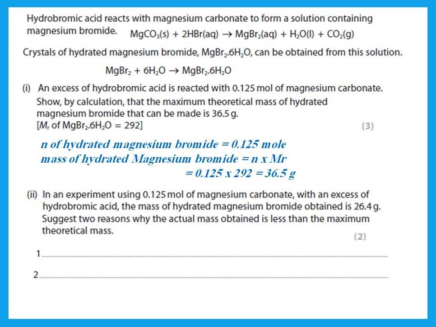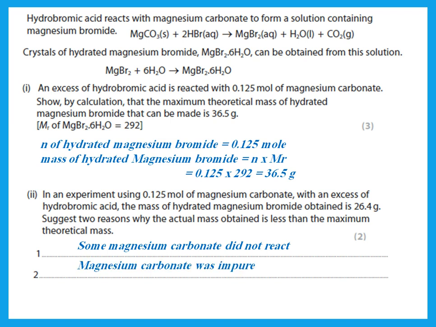Now, why do you think we get less than what we should get? Probably what we start with is some of it did not react, so some magnesium carbonate did not react, or that the magnesium carbonate we started with was impure. These are 2 of the reasons why what we actually get in the lab is usually less than what we should get.